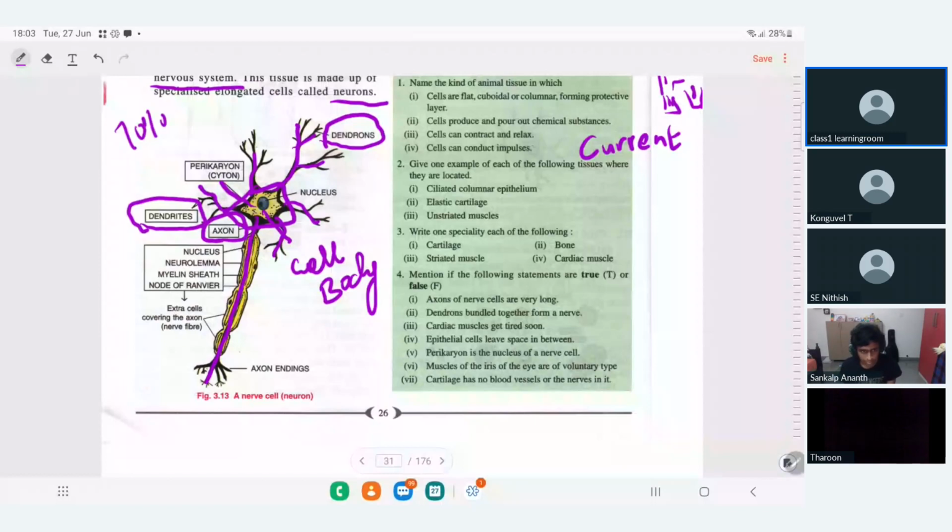The next important part is the nucleus. Sir, are there two nucleuses in one cell? No, listen, only one nucleus.